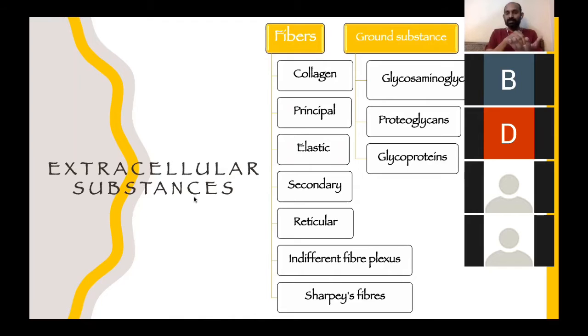Within the ground substance you have the cells, which we mentioned just before this slide, and then you have the fibers. Those structures apart from the cells are referred to as the extracellular substances. And what do these extracellular substances include?